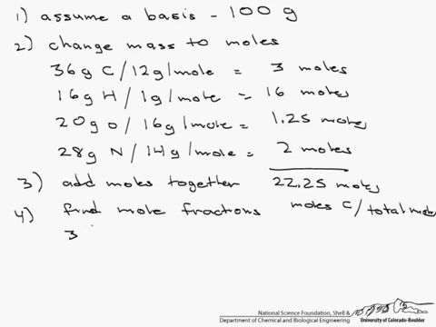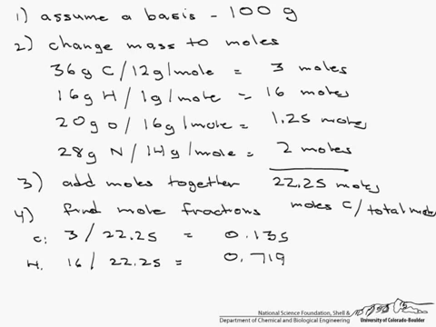We have 3 moles of carbon. If we divide that by 22.25, we have 0.135, and that's carbon. For hydrogen, we have 16 moles. We divide that by 22.25, and we have 0.719 as a mole fraction.